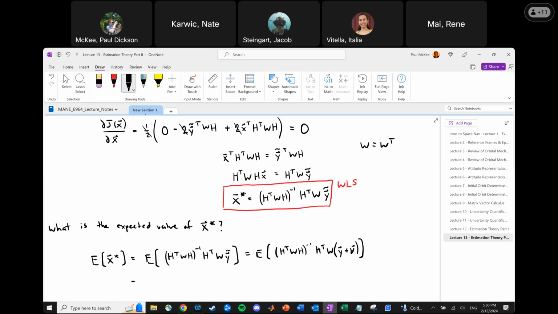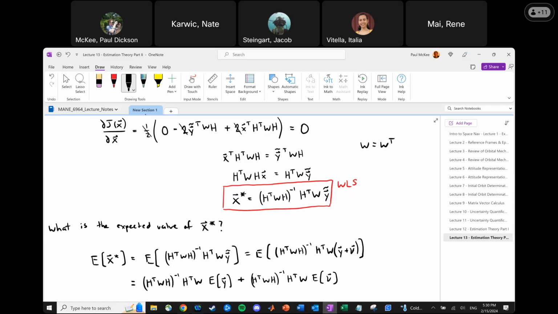I'm going to say this is equal to (H transpose WH) inverse H transpose W, and then we have the expected value of y, and then plus (H transpose WH) inverse H transpose W times the expected value of nu.